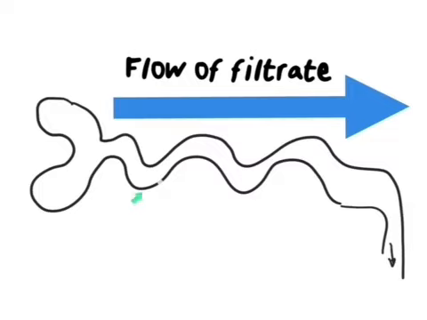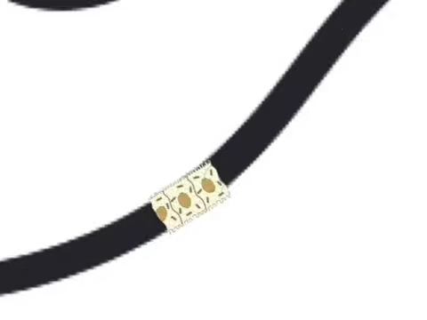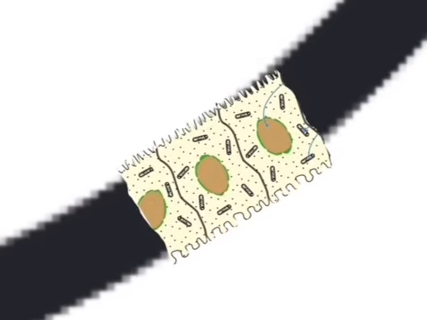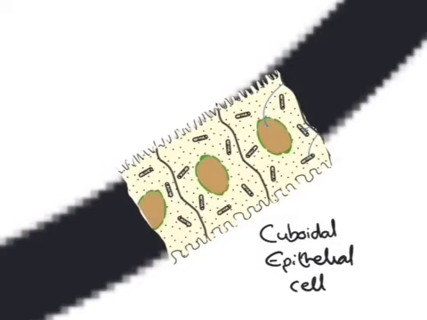Okay, so we're just looking at the cells that make up this wall. So we'll zoom right down in here, and we find these wee boys. Okay, they're known as cuboidal epithelial cells.